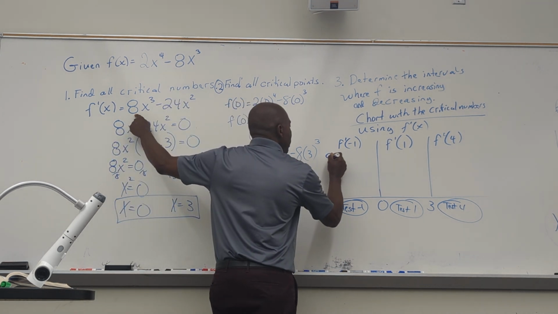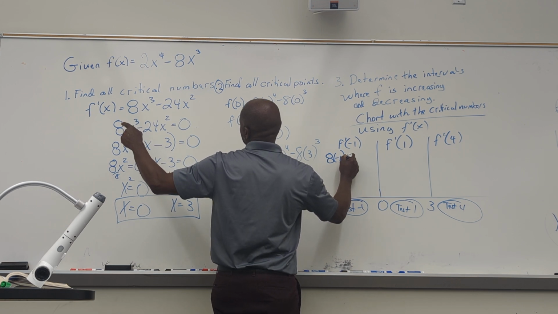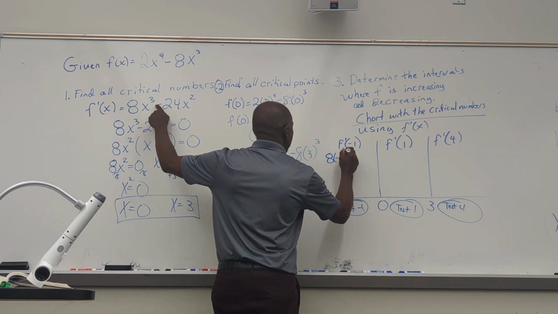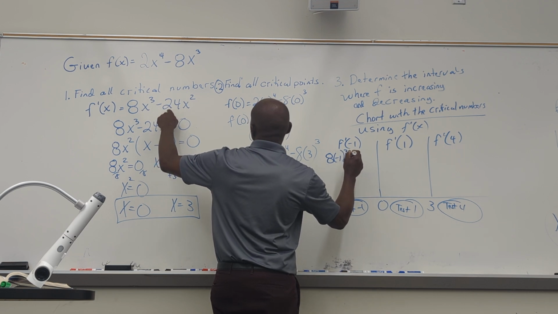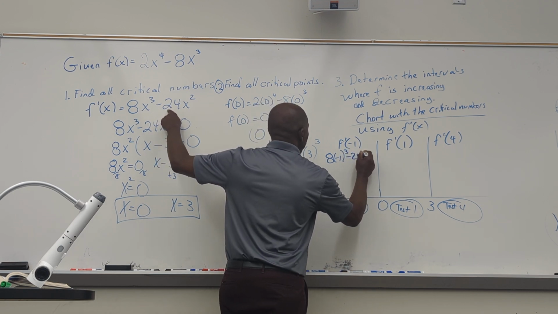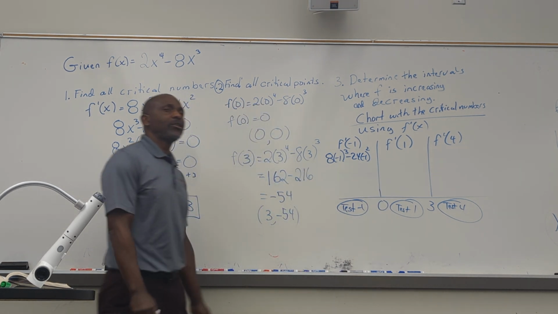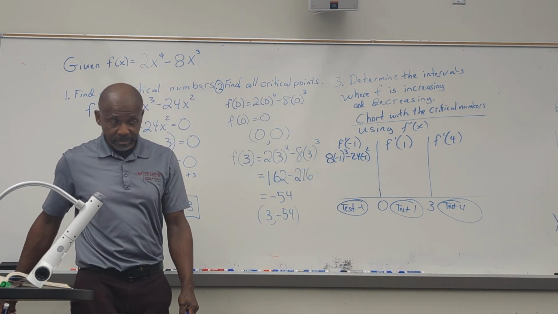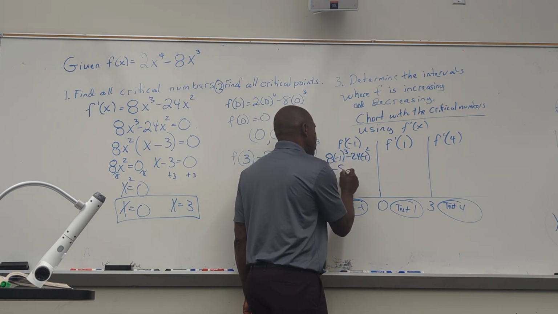So that's 8 times negative 1. What's the first derivative? Cubed minus 24 times negative 1 squared. What's negative 1 cubed? Negative 1. So this is negative what? 8.